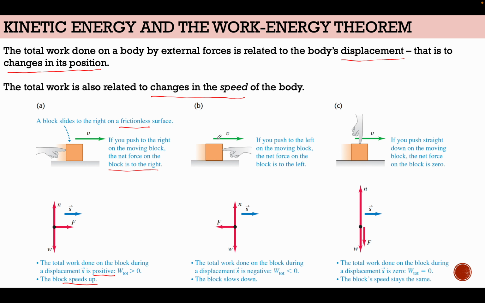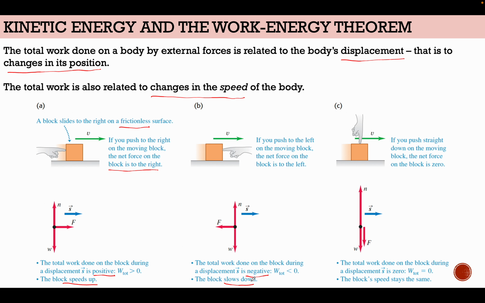But for letter B, if we push the block to the left while it is sliding to the right, the total work done on the block during a displacement is negative. So the block will slow down.